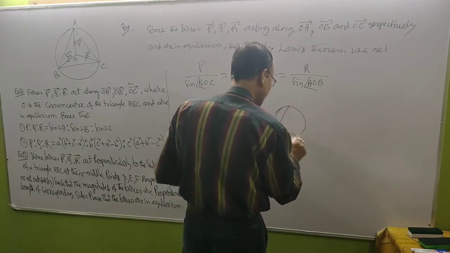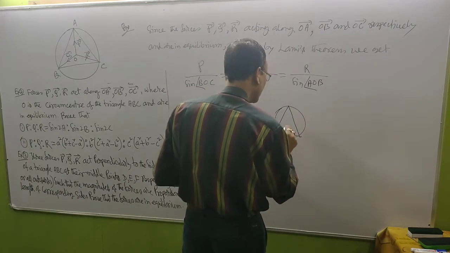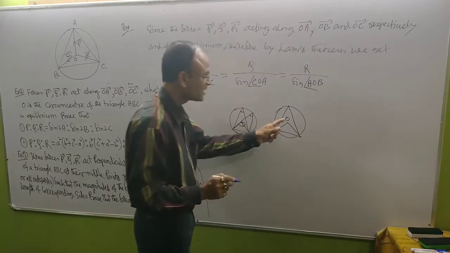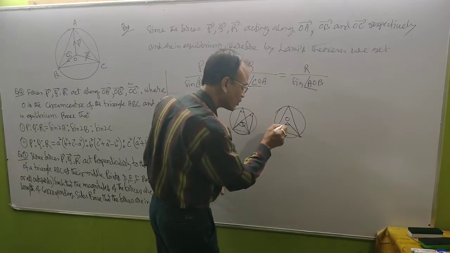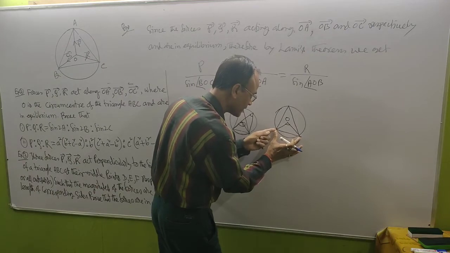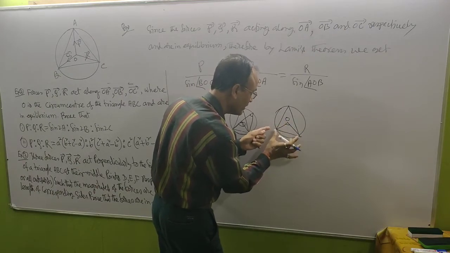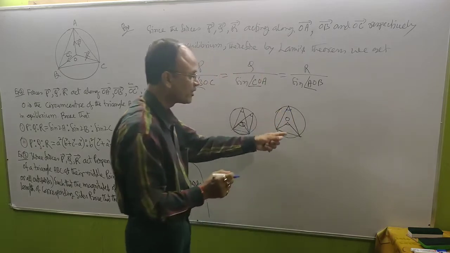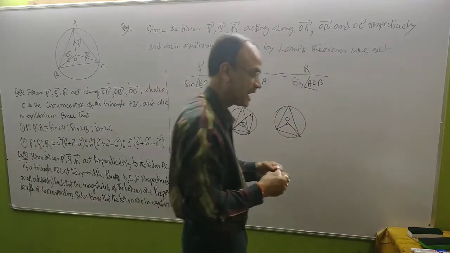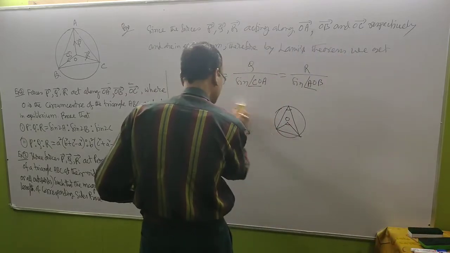For any triangle, with center O, the angle under this chord will be equal to 2 times this angle. This is from high school geometry. Therefore, I am going to apply this.